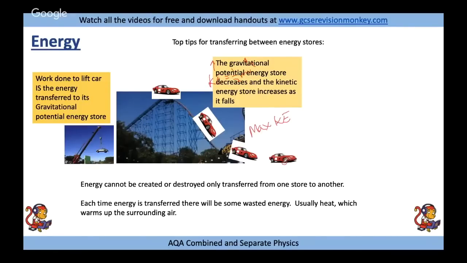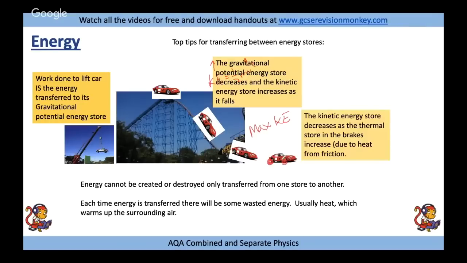Now, down here, he's going to hit the brakes. The brakes are going to get red hot and the car's going to stop. Now, the kinetic energy store decreases. His kinetic energy store is going to disappear as the thermal store in the brakes increases due to the heat from the friction. Okay, and each time it's the same amount, exactly the same value. So for example, if I said that the work going in was 5 joules, well then his gravitational potential energy equals 5 joules.